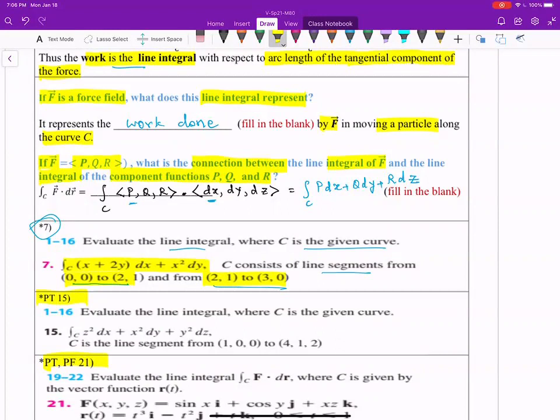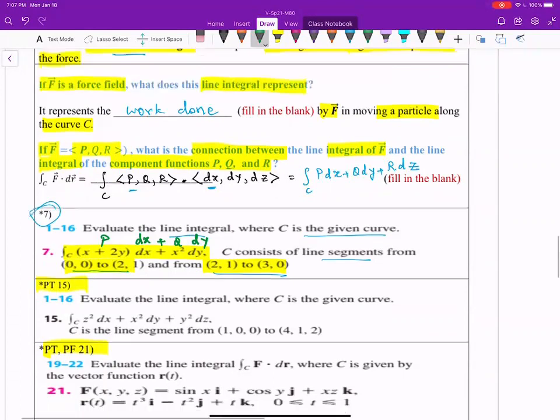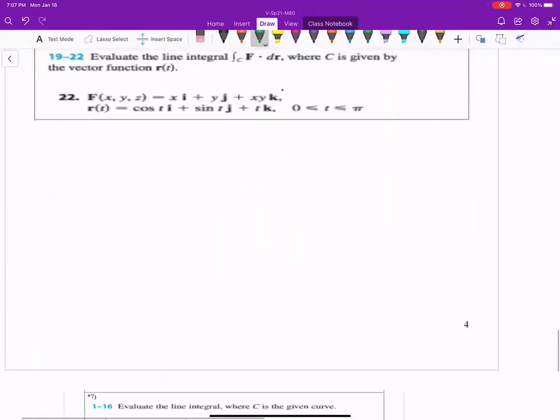If you notice its representation, it is of the form P dx plus Q dy. So from what we learned, the integral over C of P dx plus Q dy is nothing but the integral over C of F dot dr, which is the line integral in 2 dimensions. So let's do this problem right below.